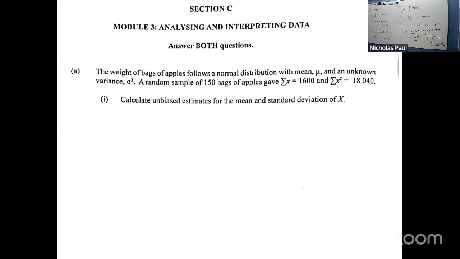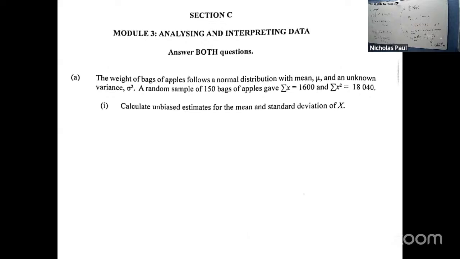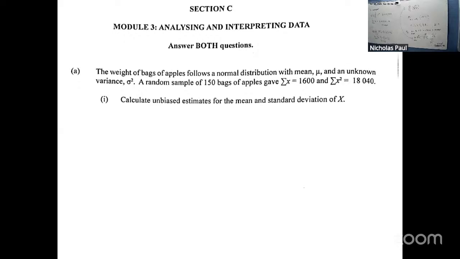Any answers? I only have one so far. Right, we'll wait until we've got both of them, then we'll go to the next part together. After this, we'll do the T distribution.